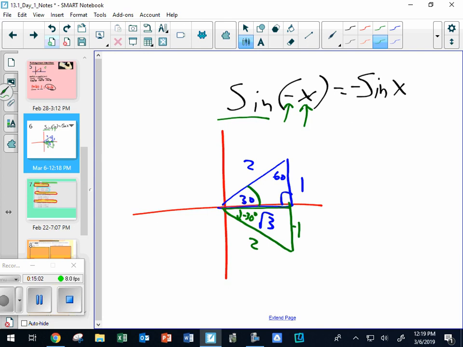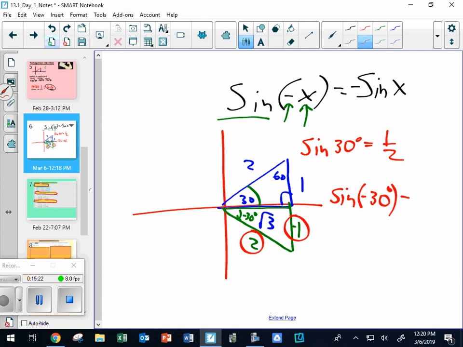Anyway, back to opposite over hypotenuse. I got negative a half this time. The first time, when I did regular sine of 30, I got 1/2. When I did sine of negative 30, I got negative 1/2.